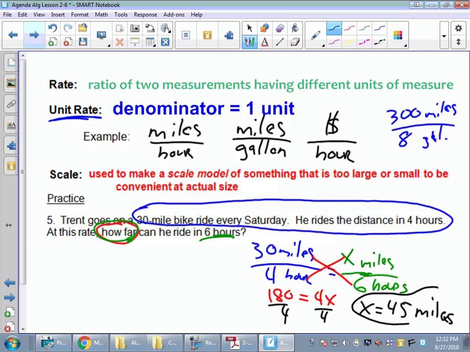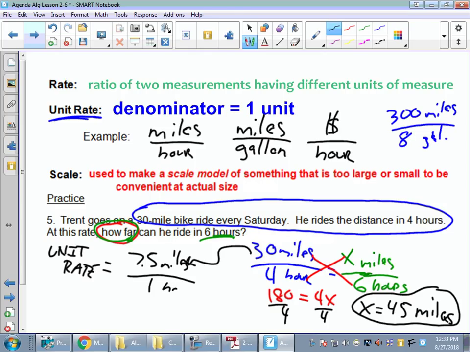So that was solving a problem using a proportion. Now if we wanted to find a unit rate and say, well, how far did he go per hour? Well, we could just simply take this 30 and divide it. 30 divided by 4 is 7.5 miles per 1 hour.